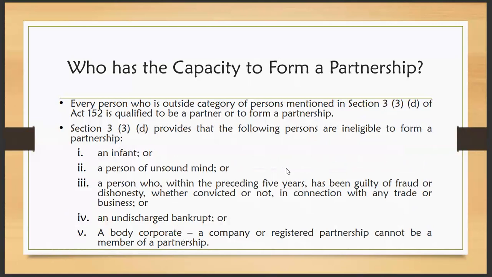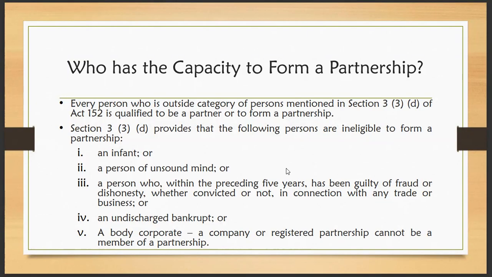Who has capacity to form a partnership? In other words, who can be part of an incorporated private partnership? Well, in terms of section 3 of Act 152, if you are not within the listed category of persons disqualified or ineligible to form a partnership, then you qualify.